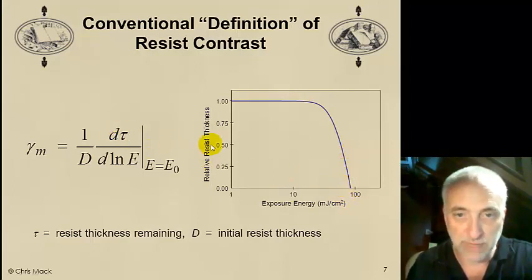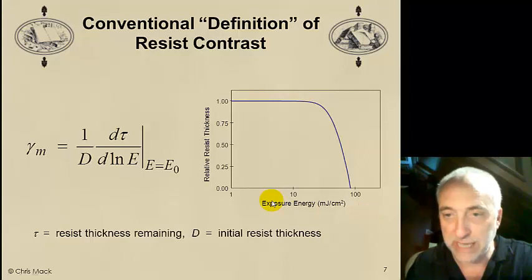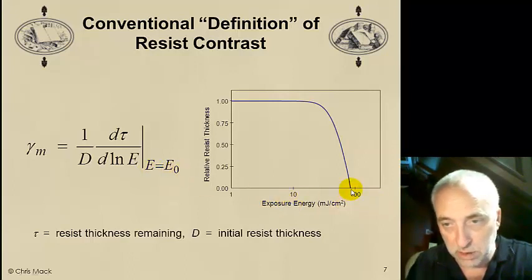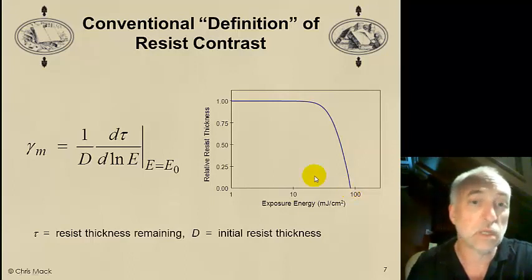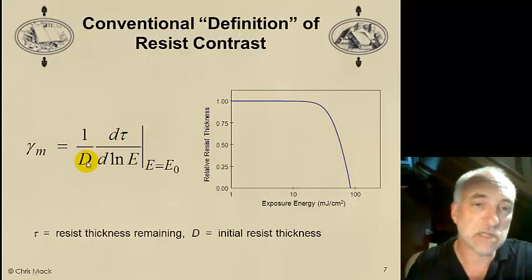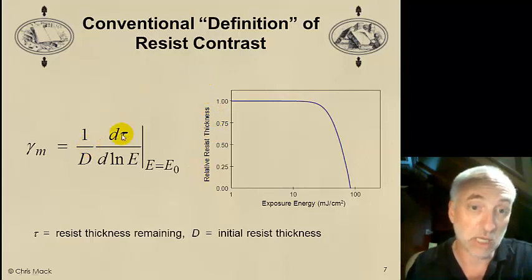So if I let tau be the relative resist thickness, then d tau d log E, I'll use a natural log scale here, at E equals E0, that is the dose to clear this point here. And then, tau is the resist thickness remaining, d is the original resist thickness, so tau over d is the relative resist thickness, which is the thing I'm plotting, and boom, that's my slope.